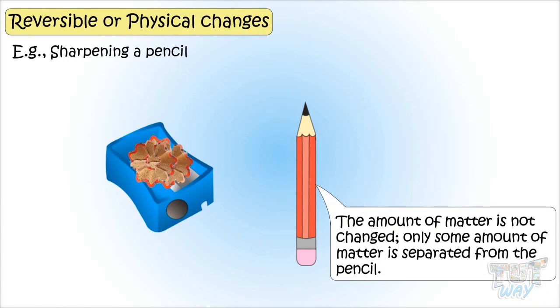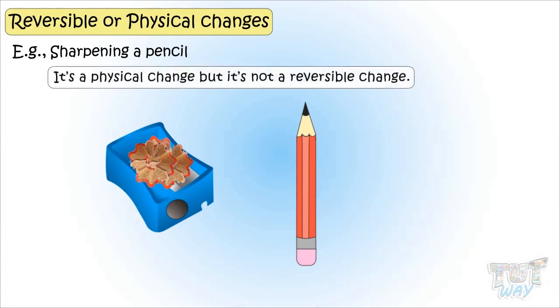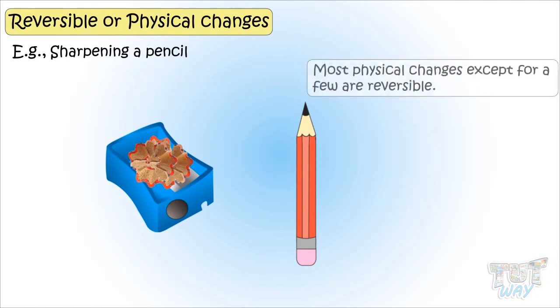Only some amount of matter is separated from the pencil apart. So it's a physical change. But yes, it's not a reversible change. Remember, most physical changes are reversible. Not all physical changes are reversible.